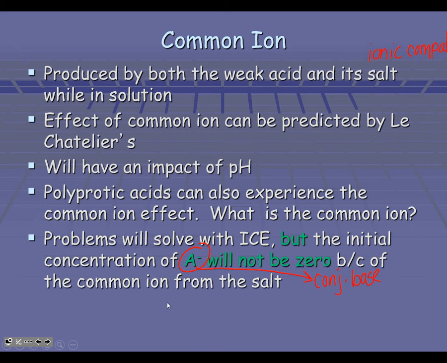But it's not going to be 0 this time because that conjugate base, that A minus, is in both the weak acid and also in our salt, our ionic compound. And so that's our common ion that will be present. So we're going to change that first step, just the I part of ice. From there on, everything is exactly the same as what we've done before.